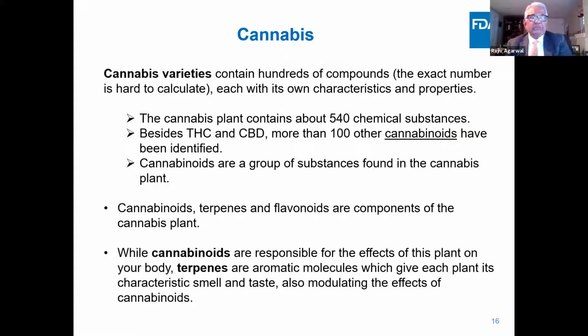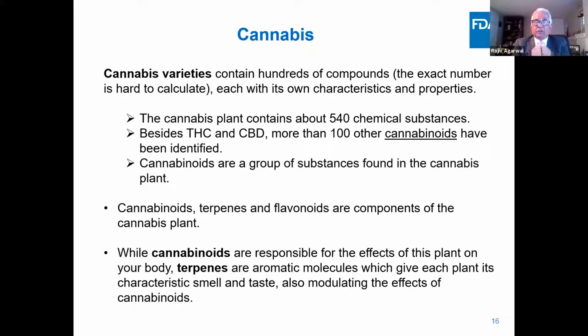Now, cannabis, as I mentioned, contains hundreds of compounds. The exact number is hard to calculate, but the cannabis compounds that we noted in the literature are about 540 chemical substances. Besides THC and CBD, the most popular cannabinoids, more than 100 other cannabinoids have been identified, and they are grouped as cannabinoids.